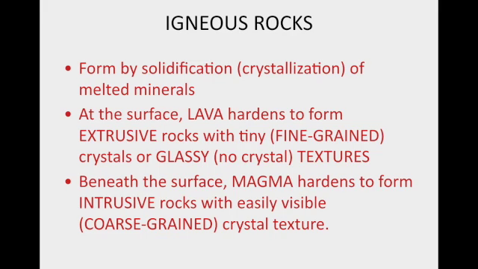Extrusive just means out of the ground, right? It's above ground. Intrusive is below ground. You guys know from the layers of the earth that when it's beneath the surface, the temperature gets warmer.